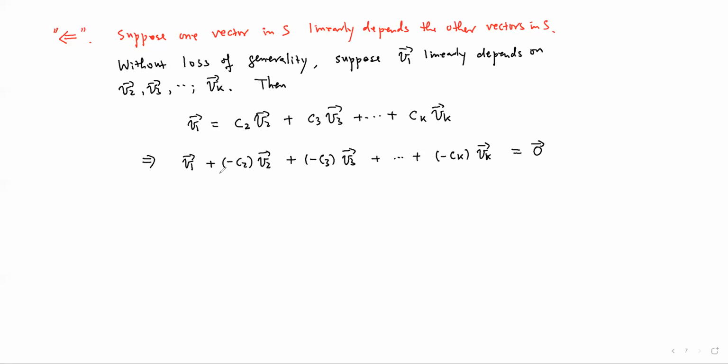And this equation says the coefficient of V1 is 1, the coefficient of V2 is negative, and so on up to the last one. This is a non-zero solution because the first number is non-zero.